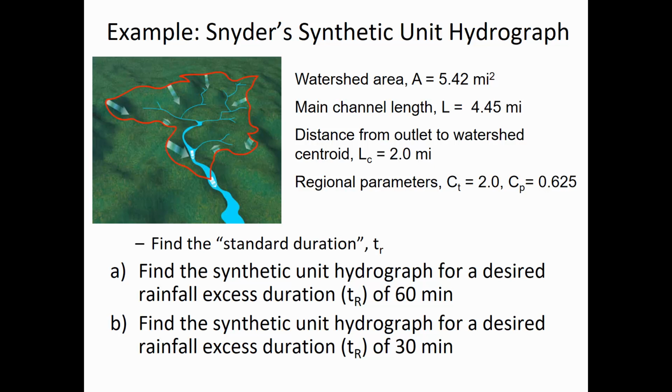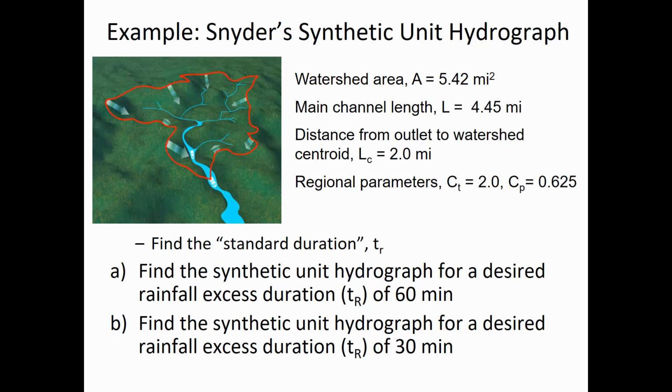So let me start with the 1 hour duration to begin with. We'll do part A first. So 1.0 hours minus the 0.70. So time to peak for the desired duration of 1 hour.